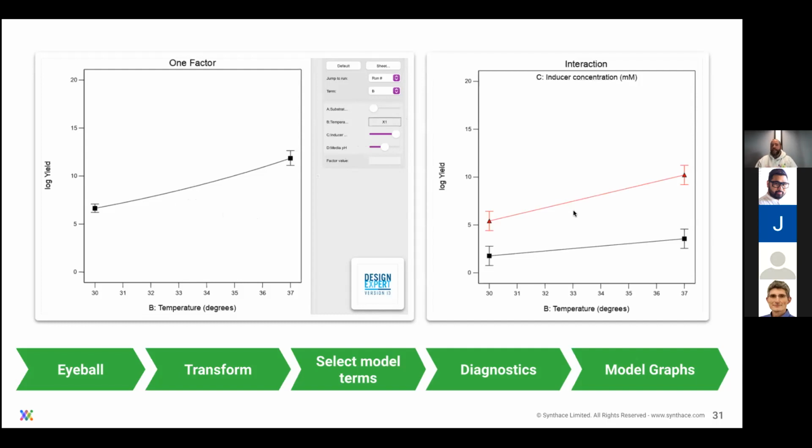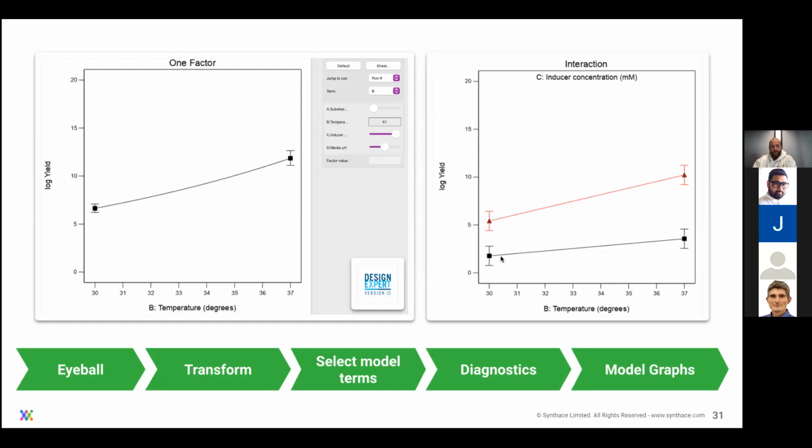Finally, and an assessment that you can't get by doing experimentation using OFAT, is understanding how interactions of factors impact your measured response. Here, the red data is when the inducer concentration is set high as compared to low with the black line. The scale across the x-axis is the temperature set point against the measured response of yield.